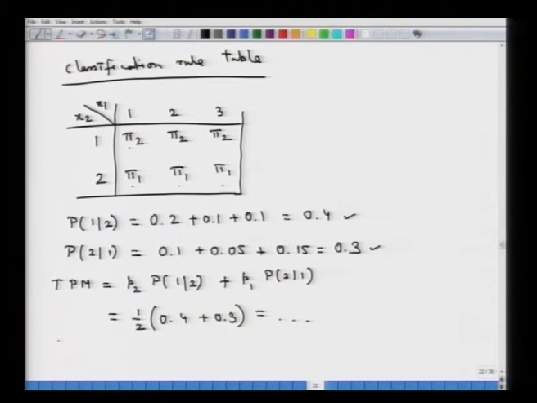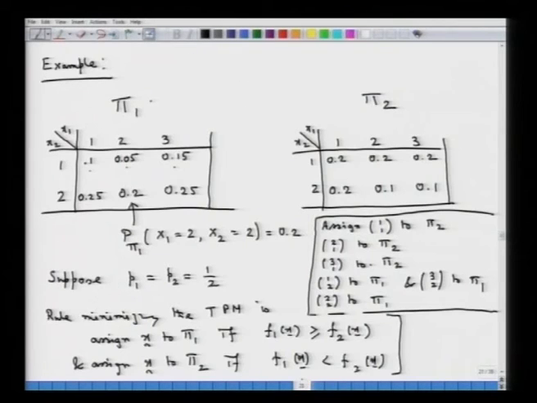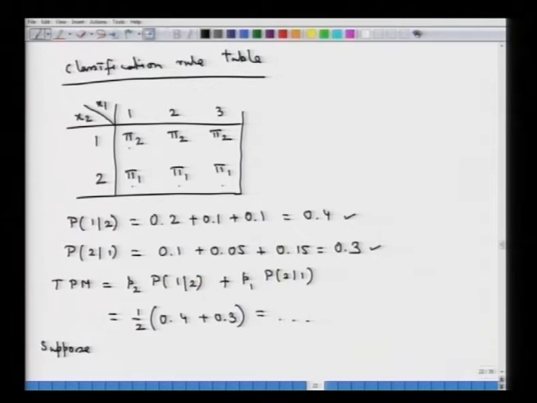Let us now look at a different situation. This is a different problem. In the first case, we had assumed this; suppose I name this case 1. This can be different: suppose we have different a priori probabilities.